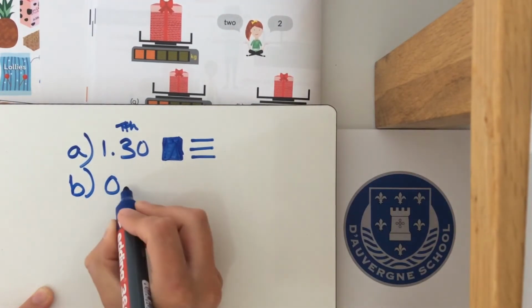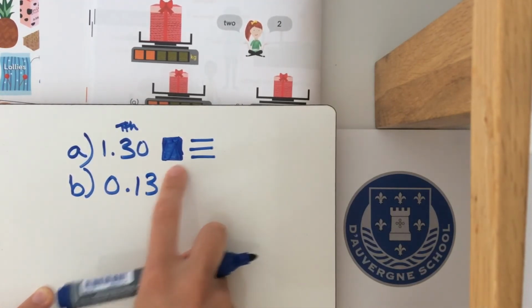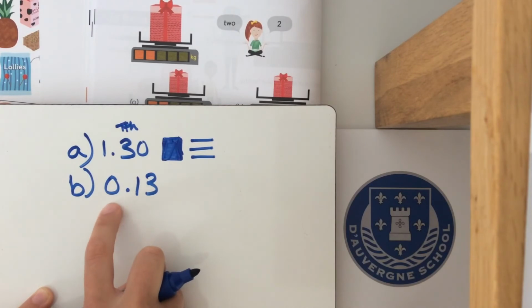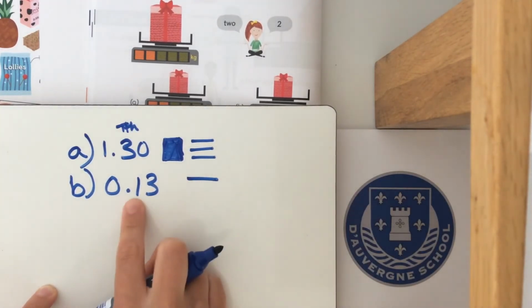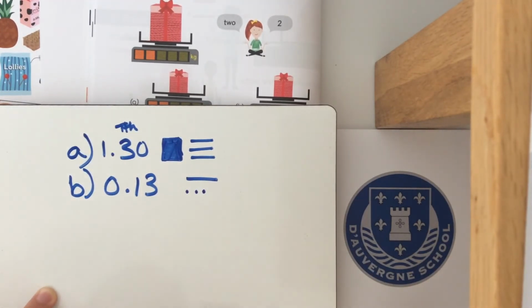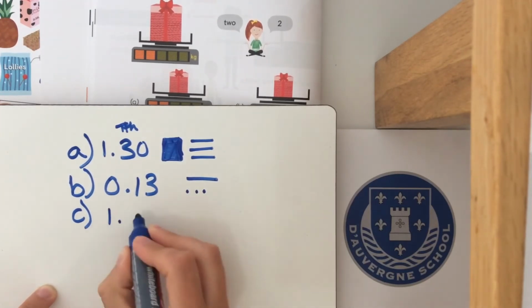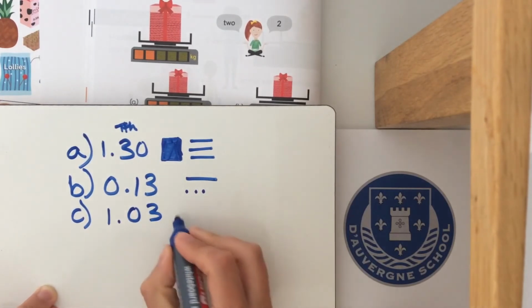B, we've got 0.13. So I don't have any squares, because I've got 0 ones. Then I've got 1 tenth, which means I have 1 stick, and 3 hundredth cubes. Okay. C, we've got 1.03. So how many squares do I need?